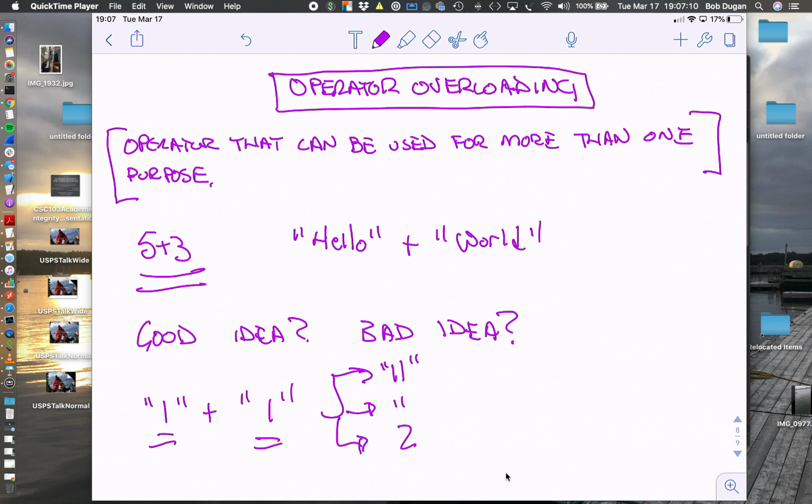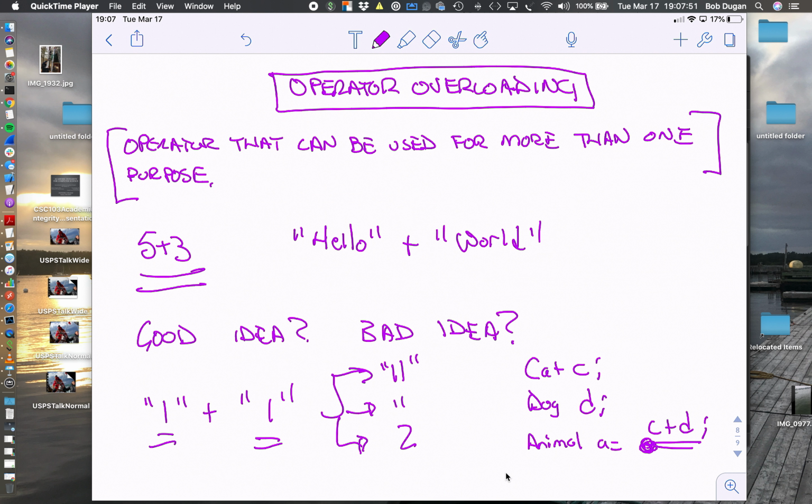It's also possible in some languages to do an incredible amount of operator overloading. You can have that plus operator in the language C++ mean anything you want as long as the operands are of a type for a class that you specified. So for example, you could have cat C, dog D, and you could say animal A equals C plus D. So we just added cats and dogs together.